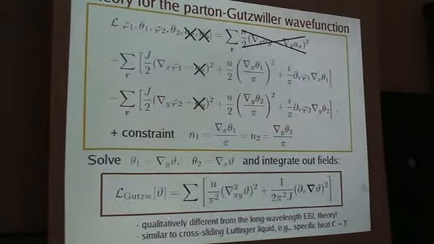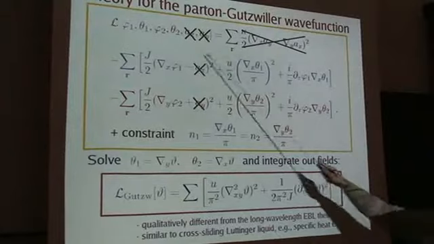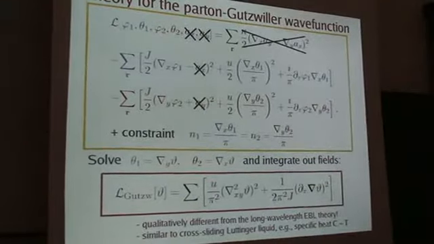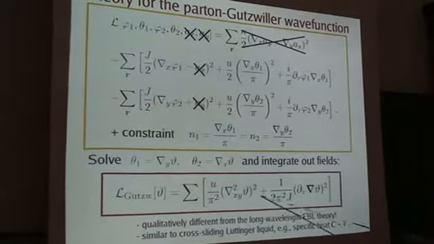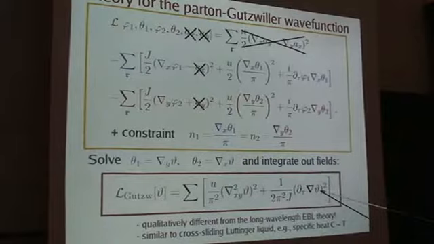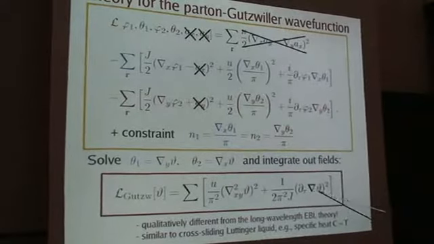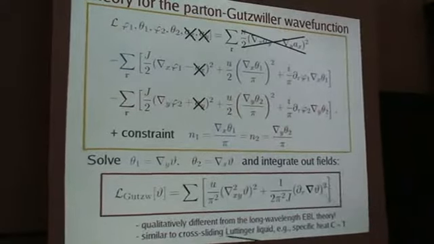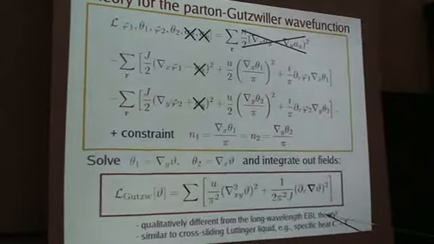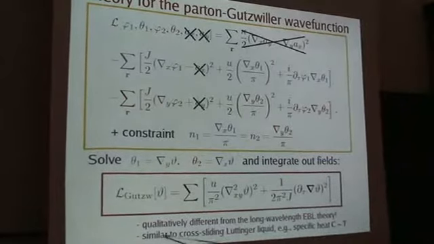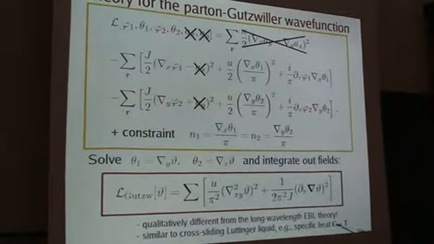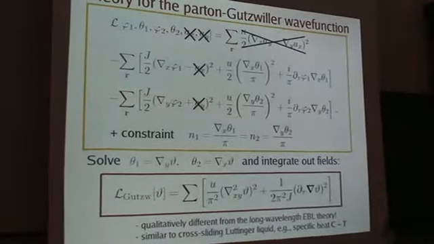If you take this theory and drop the gauge fields everywhere, you can still analyze it, and you get some harmonic theory for it, but now instead of the term (del tau theta) squared, you have (del tau gradient theta) squared, and this theory is qualitatively different from the long wavelength EBL theory. It's actually closer to the sliding Luttinger liquid, in particular the specific heat is just linear in temperature.